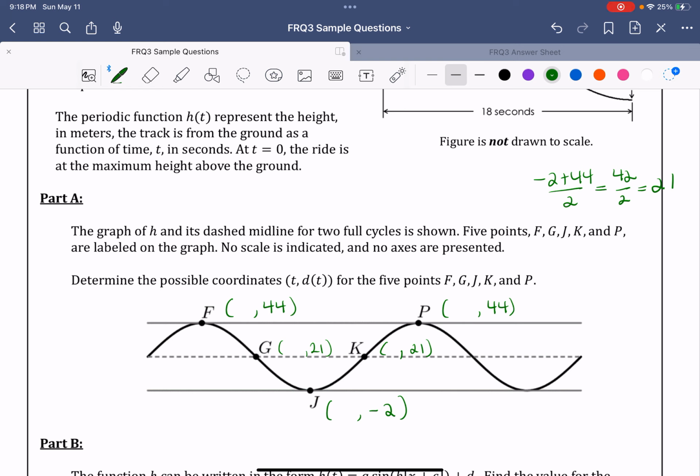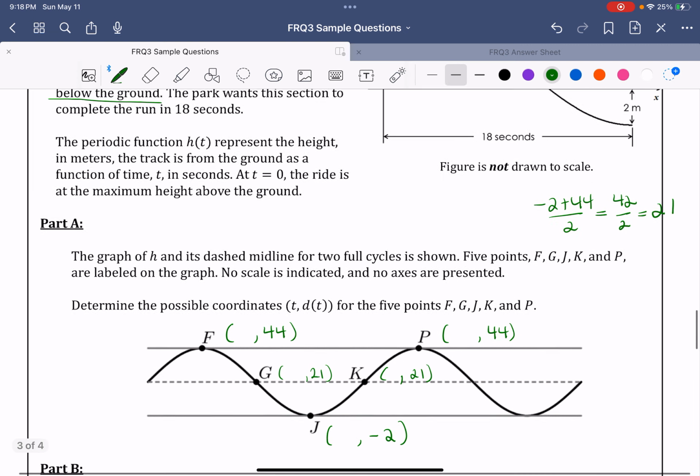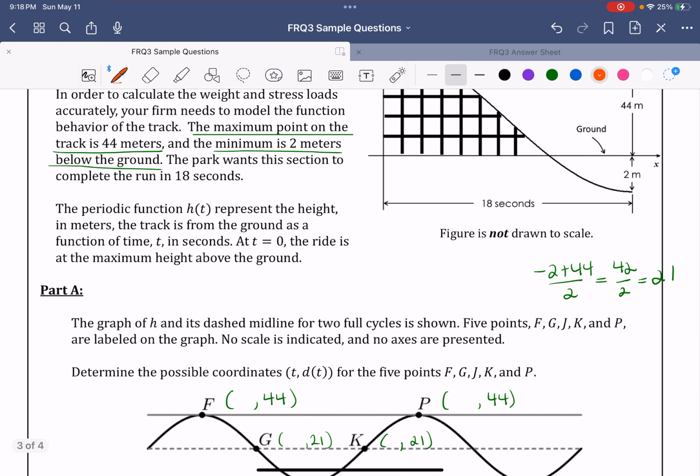So X values is going to be the horizontal. That's going to represent the time that it takes to complete a cycle. So I'm going to do this in a different color. It says the park wants this section to complete the run in 18 seconds. So when they say complete the run, they're talking about the distance between the maximum and the minimum.